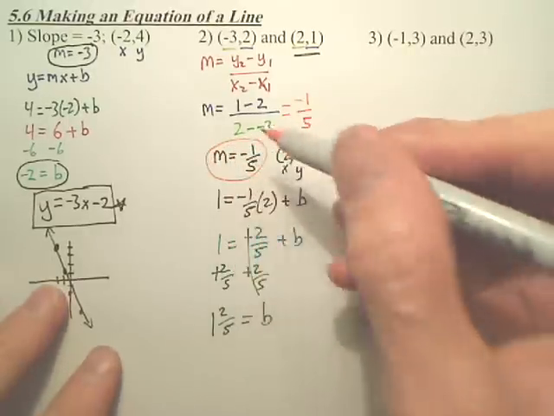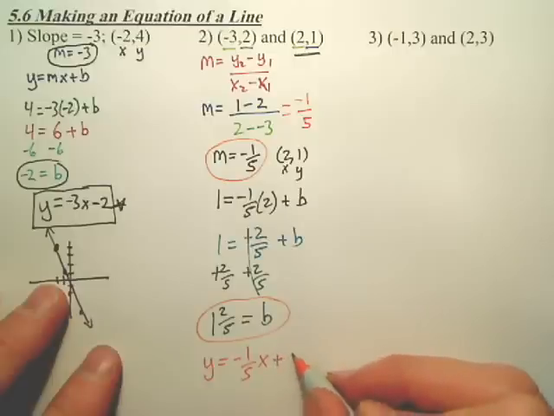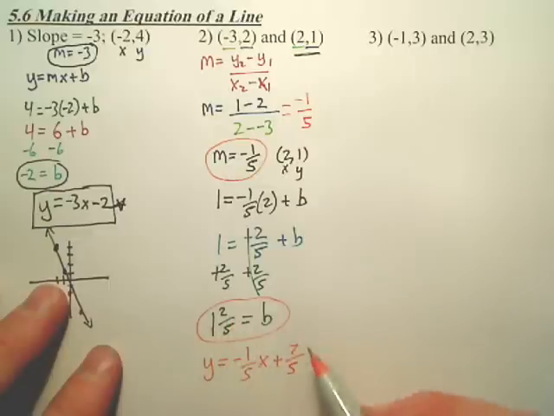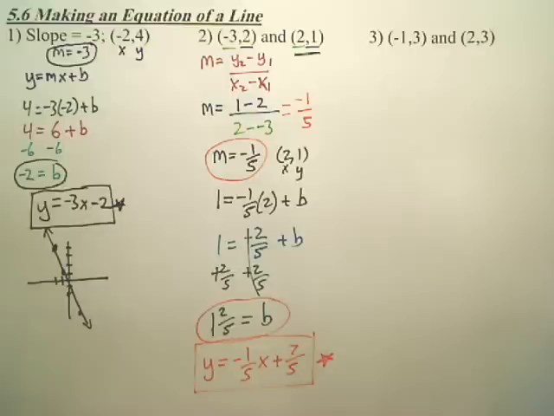So that's my m, that's my b. y equals -1/5 x plus 5 times 1 is 5 plus 2 is 7/5. That's the equation of the line.